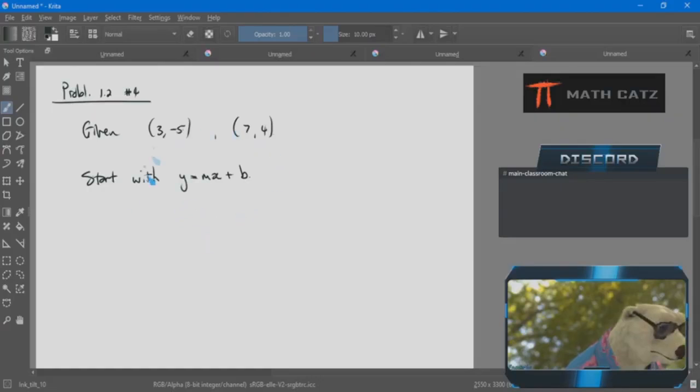So if I start with the slope-intercept form, it means I'm going to have to find the values of m and b. I like to start with the m, so that would be my slope, m, remembering that it is the change in y over change in x. Sometimes people write delta y over delta x. Maybe you've seen that.